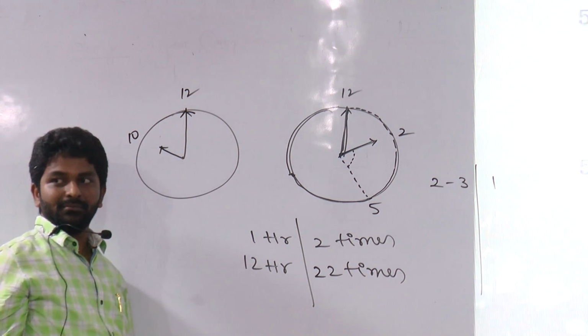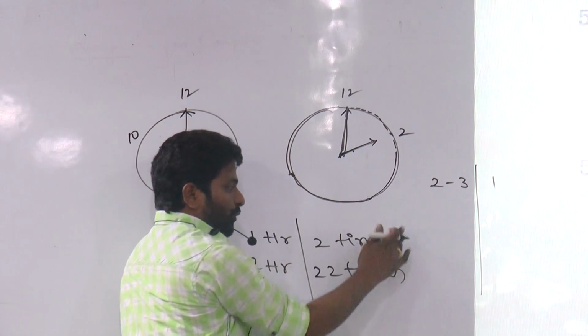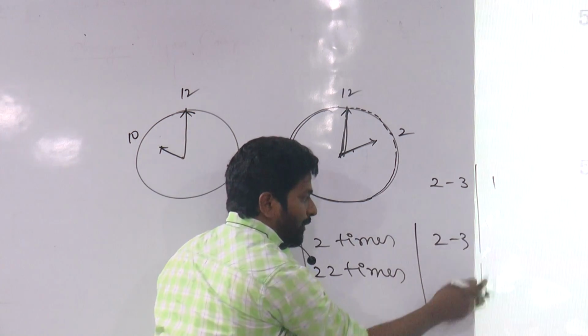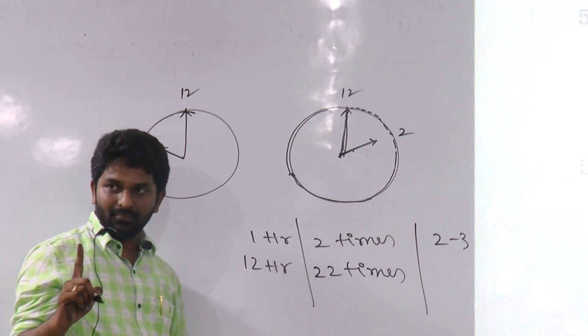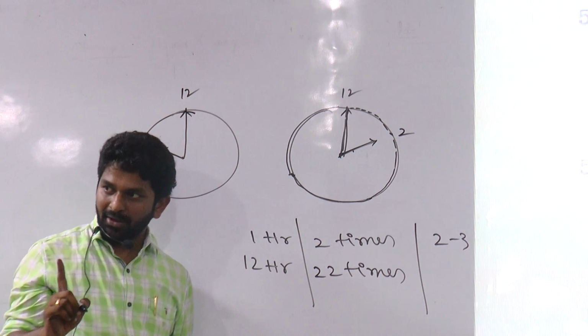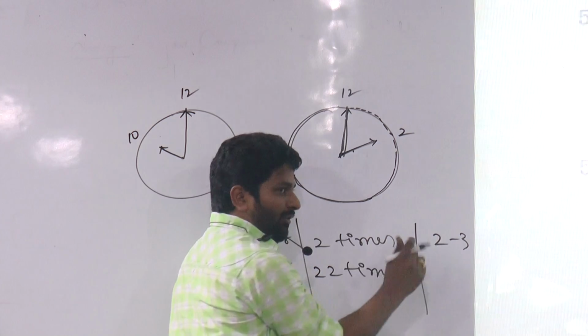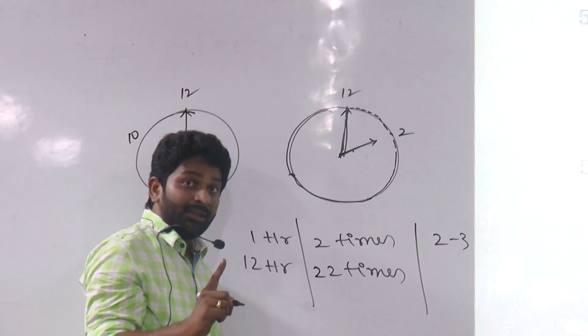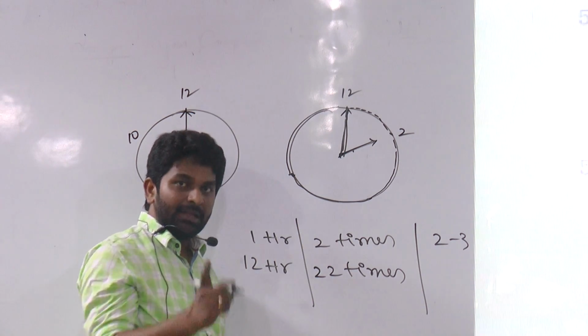This is one case. Between 2 to 3, instead of 2 times you are getting it for only 1 time. Are you getting my point? So in this particular 1 hour period, you are getting the right angle only 1 time. 1 time is missing. The other time, not at 12 o'clock.